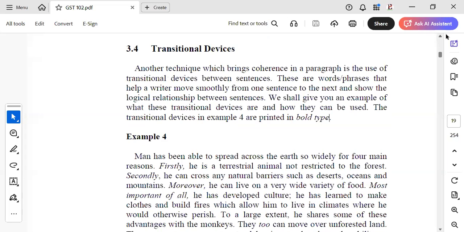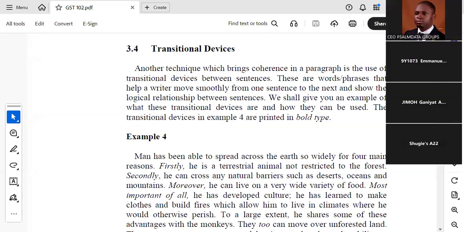Examples from your side. Do I still have people in the class? Jimo, Ganiyat, give us an example of a transitional device. Just one. You use them every day. It's just that you may not know what we are talking about. Give us an example of a transitional device.